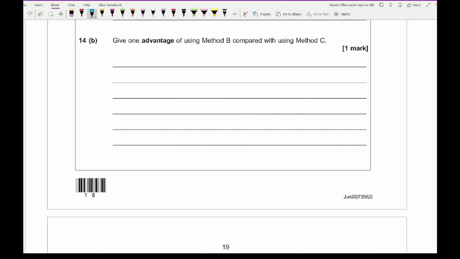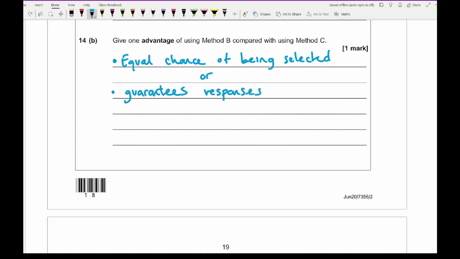So you want to give something along the lines of that there is an equal chance of being selected, or you could say something along the lines of that it guarantees responses, or you could say that there's going to be representation from every store.